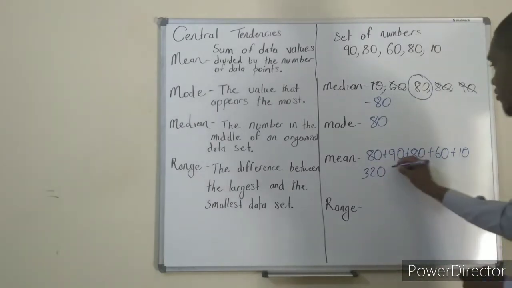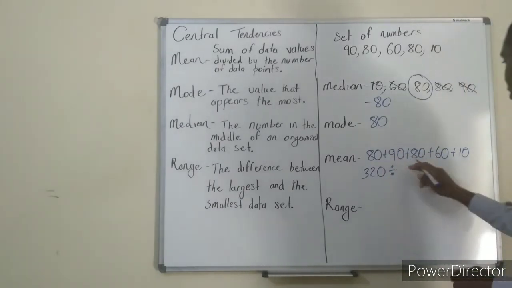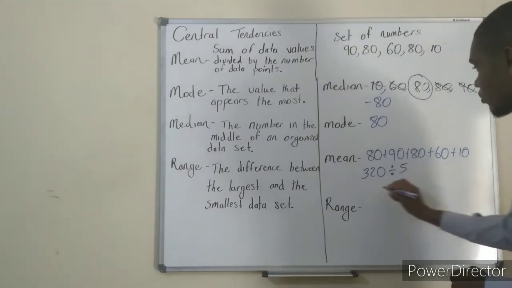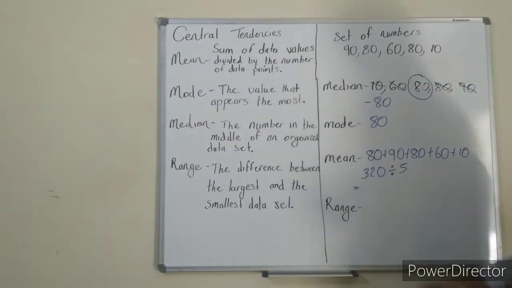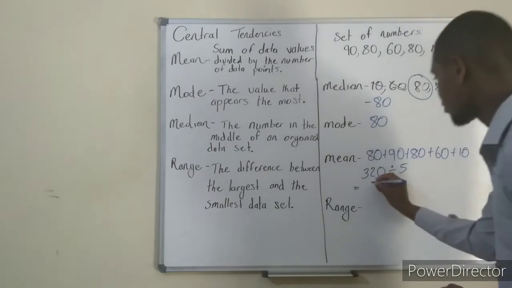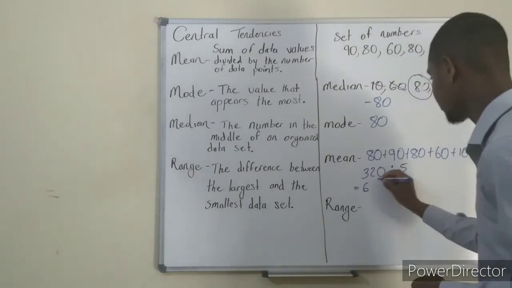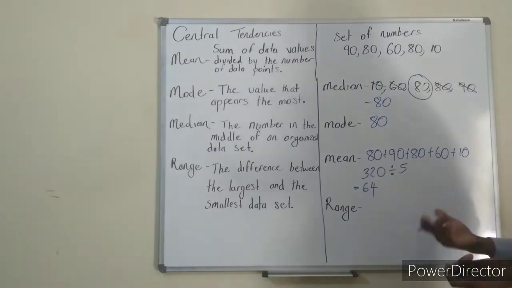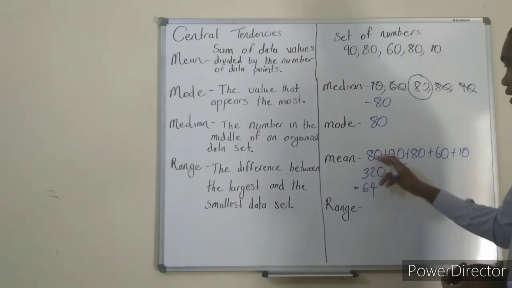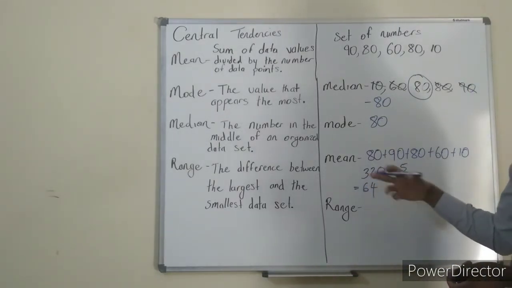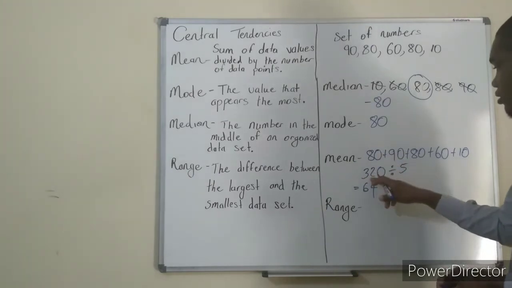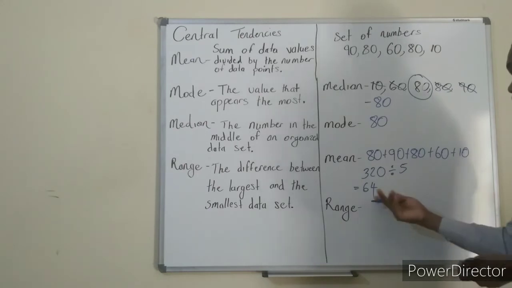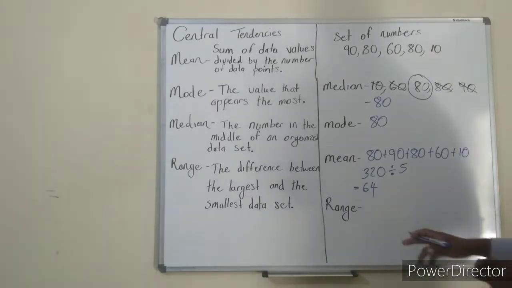Now it's 5 numbers, so that's 320 divided by 5. 5 into 32, 6 times, and that would bring over a group of 2 tens. So it would be basically 5 into 20 next, so that's 4. So 64 is your answer.